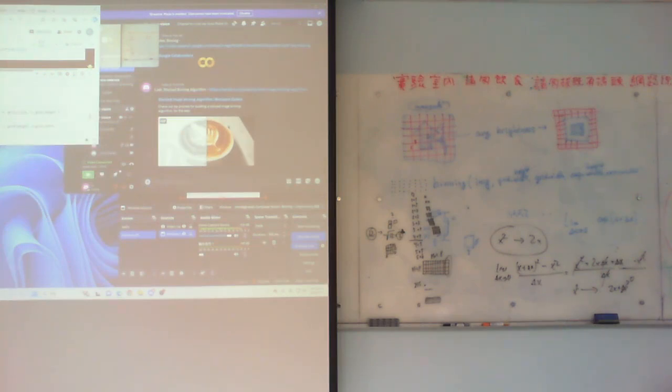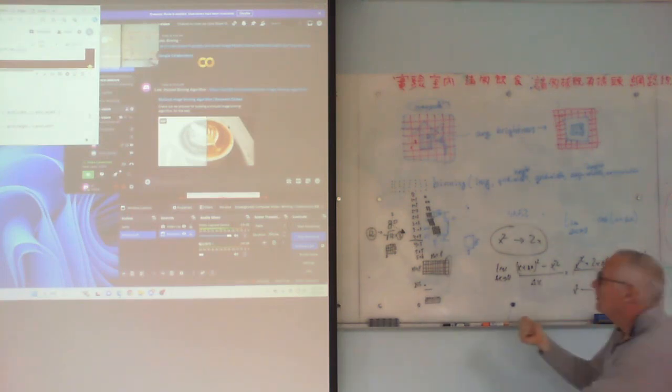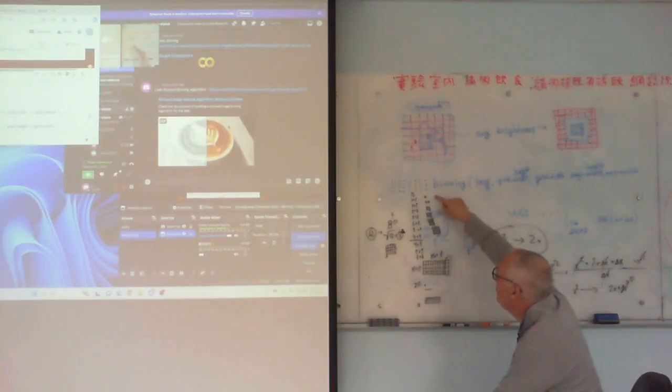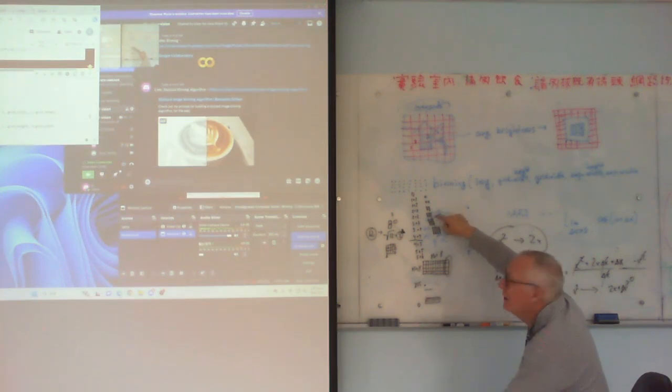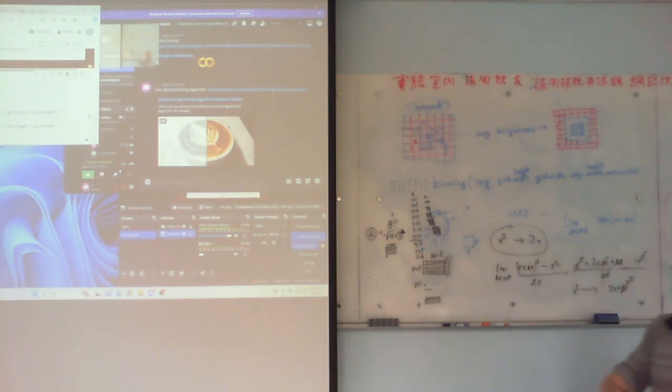I have those possibilities. 0, draw nothing. Then we have 1, 1 by 1. Then I can either do 1 by 1 or 1 by 2. If I have 2, I can do 2 by 2 or 2 by 3. And then I can do 3 by 3 or 3 by 4 up to my minimum axis.